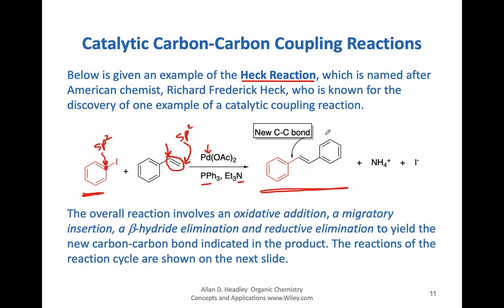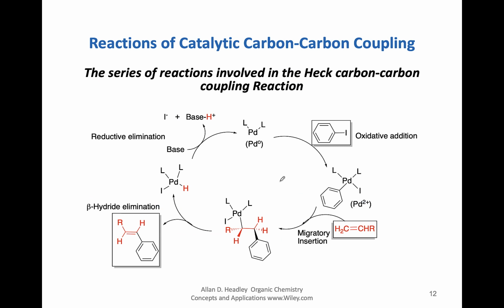So the reactions that are involved, as we'll see on the next slide, once these are mixed, will be the oxidative addition, the migratory insertion, the beta hydride elimination, and the reductive elimination. Let's see how that works. So here's the catalytic cycle. So let's see if we can work our way through this. We start with the catalyst, palladium. Of course, the ligands here could be triphenylphosphine.